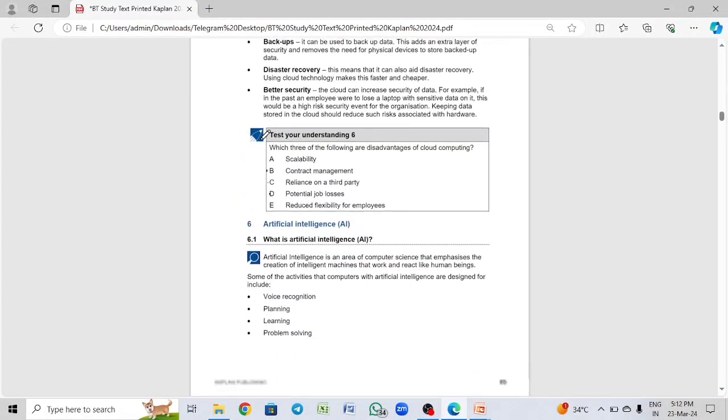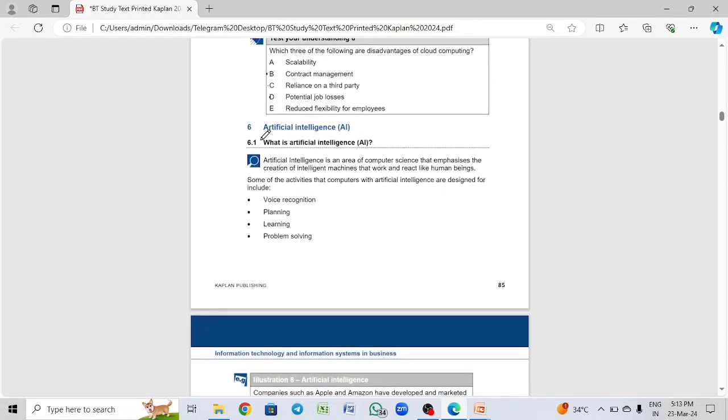Okay. Now test your understanding number 6. Which three of the following are the advantages of cloud computing? Scalability, contract management, reliance on the third party, potential job loss, or reduced flexibility for employees. So it is not scalability or reduced flexibility for employees.